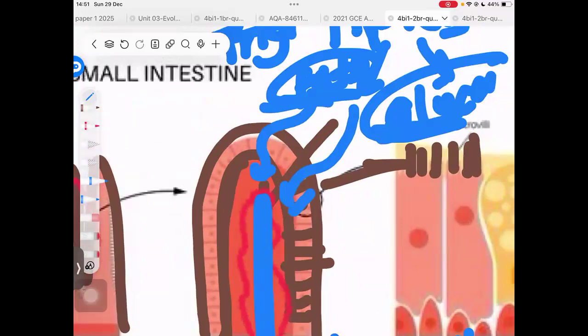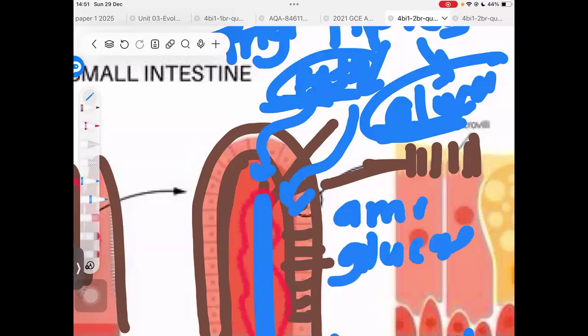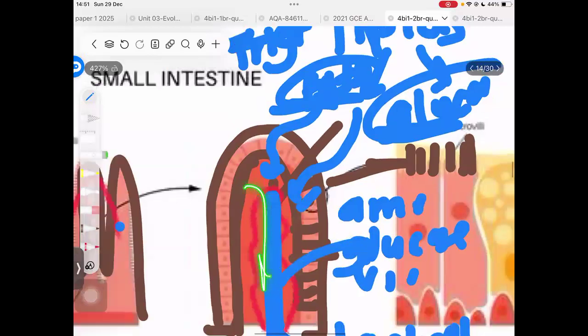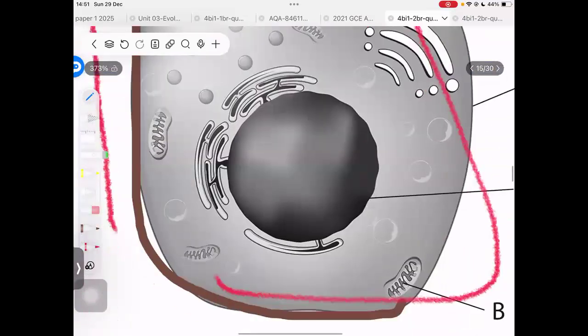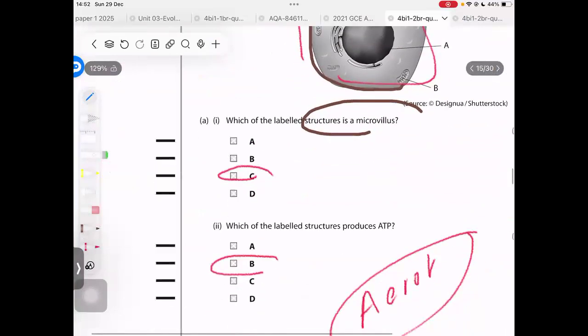Other substances like amino acids, glucose molecules and vitamins are absorbed into our blood capillaries, but fatty acids and glycerol are absorbed into our lacteals.